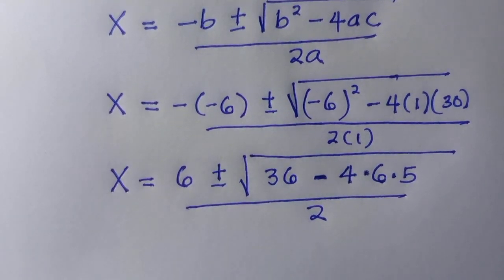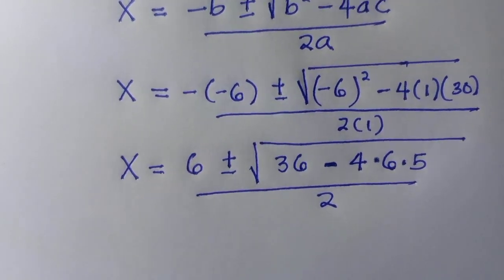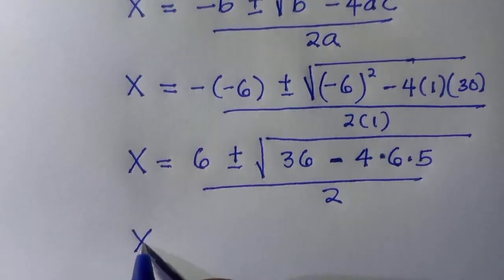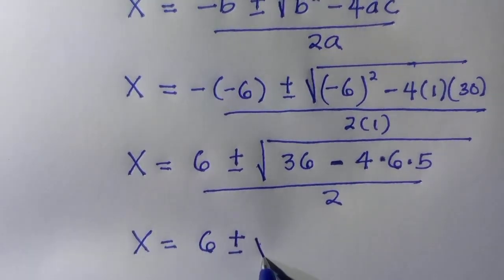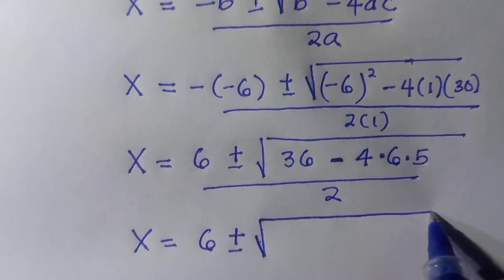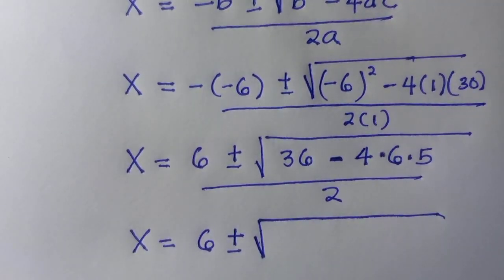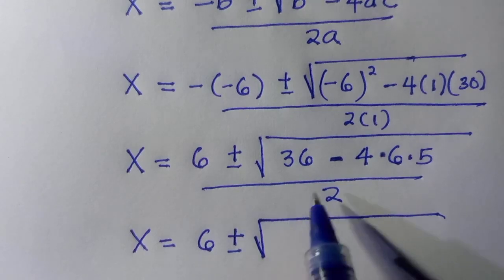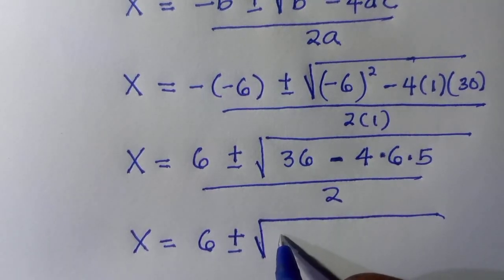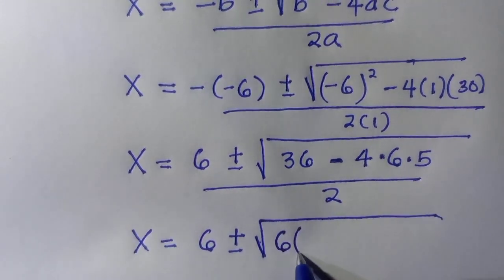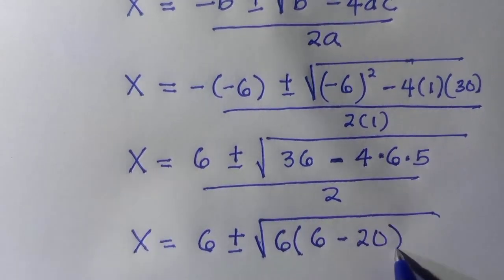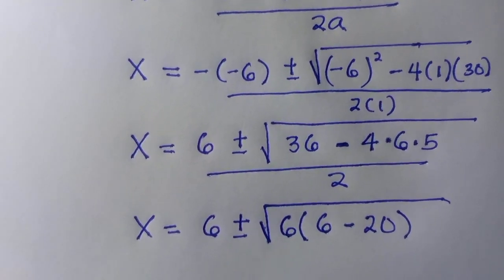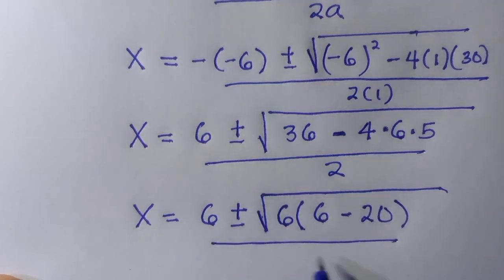So what is common here is 6. We are going to factor out 6, and we have x equals 6 plus or minus the square root of, okay, let's say we take out 6 here, we are left with 6, and here is minus 20 divided by 2.